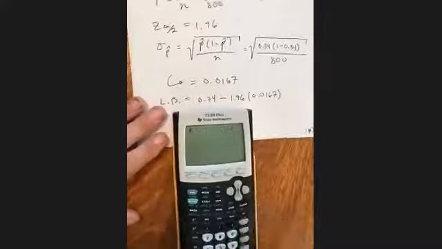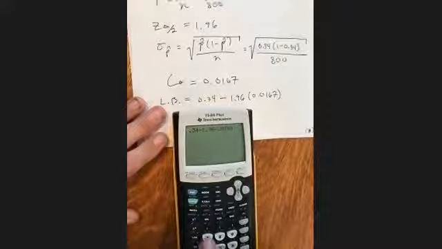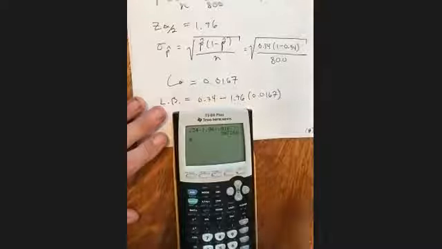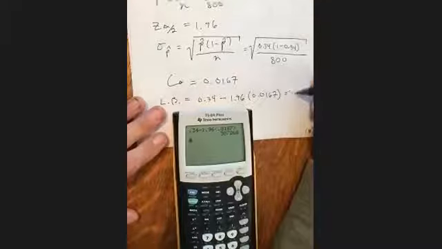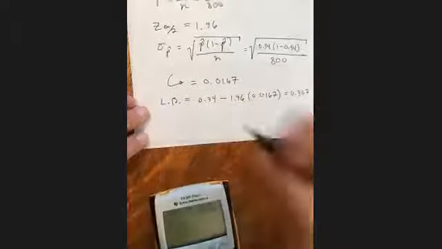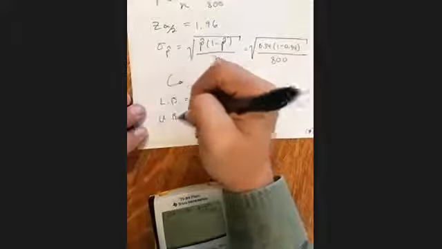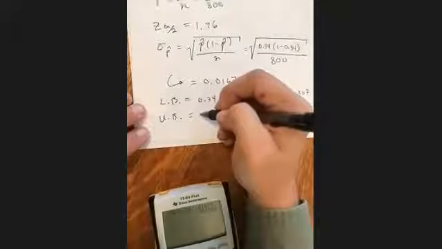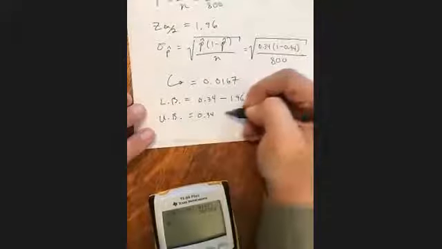You're going to put that in your calculator, 0.34 minus 1.96 times 0.0167. And that's 0.307. Okay. Then the upper bound, all the same values, just put a plus sign.